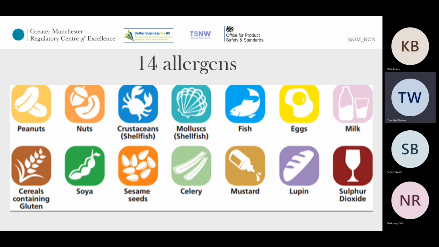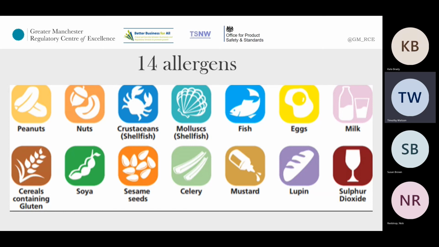So as you can see, we've got peanuts, and you'll notice that this is classed as a separate allergen to nuts. And nuts includes all of our nuts, including almonds, hazelnuts, walnuts, cashews, pecan nuts, etc. And then you've got shellfish, and this is separated into two categories: crustaceans and mollusks. Fish, eggs, milk, cereals containing gluten.